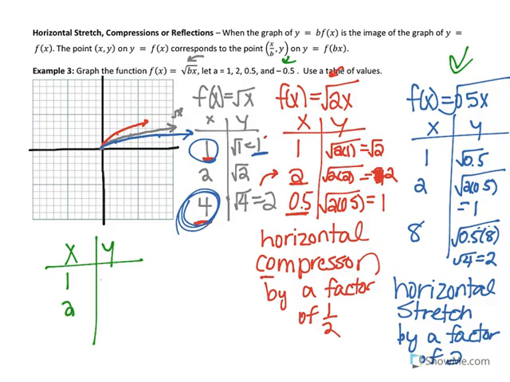It affects your x values. Because the negative sign is on the inside, these ones would become negative. So negative 2 would become 1, negative 8 would become 2. So this one would look like this.